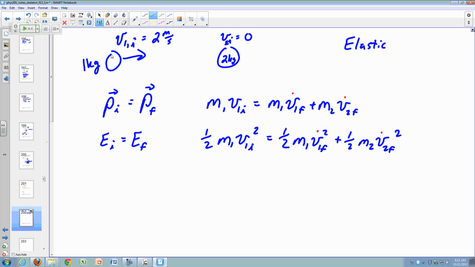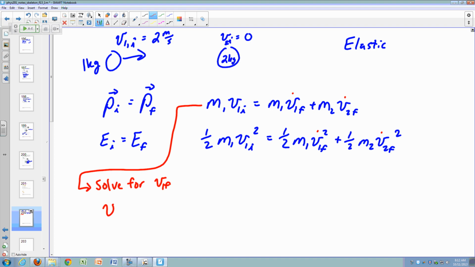The algebra here gets a little complicated. But what you want to do is solve this first equation for v1f, and then you'll sub it into the other equation.